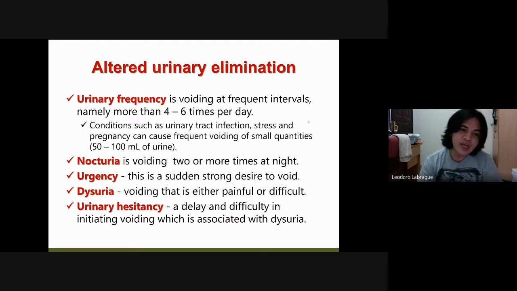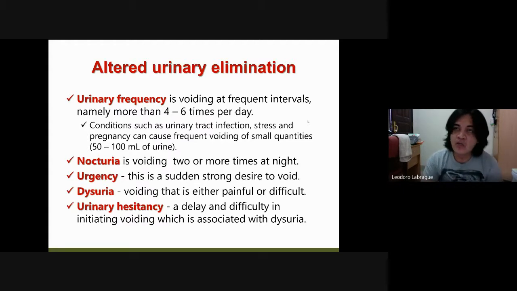Okay, nocturia is another condition, voiding 2 or more times at night. That's why you wake up in the middle of the night just to urinate. If it is 2 or more times at night, we call it nocturia. Urgency, this is a sudden, strong desire to void. And your tendency is to run to the washroom and urinate, or else you're going to wet your pants.